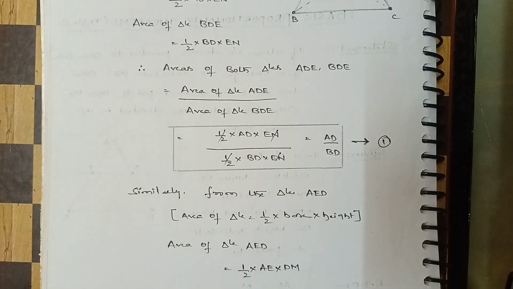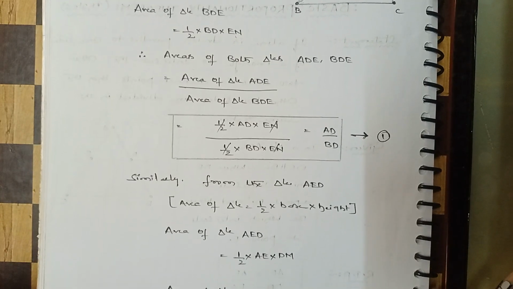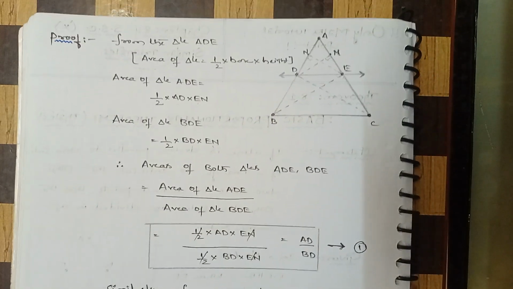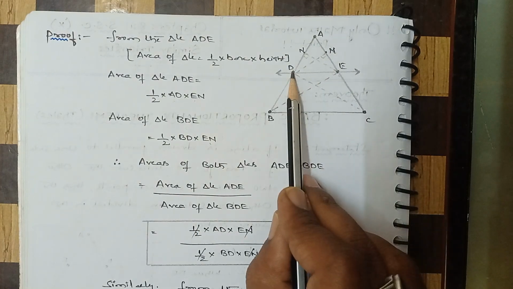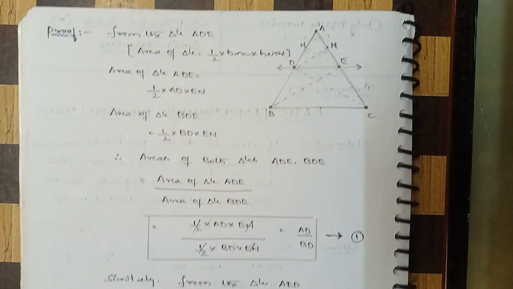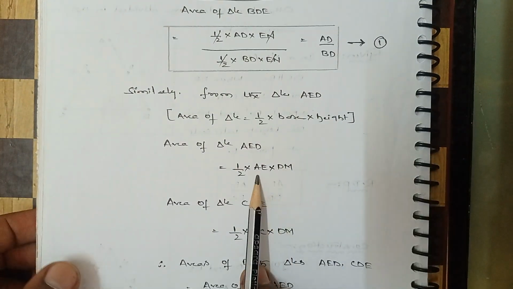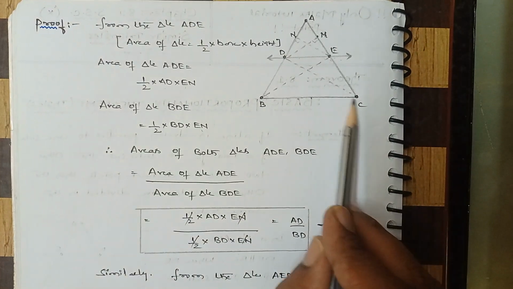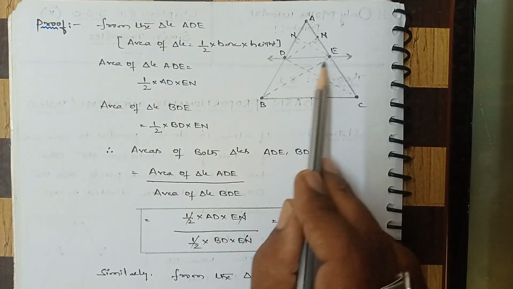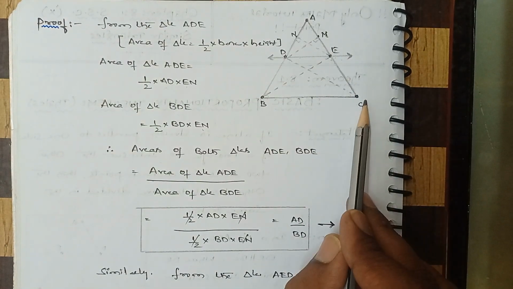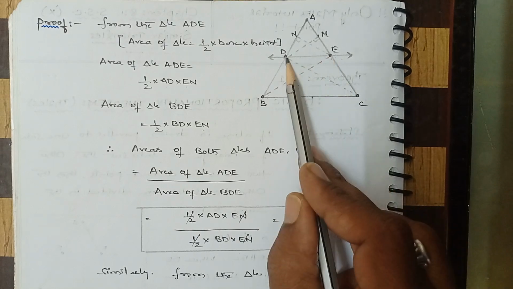Similarly, we take the right side triangles. From the triangle AED, the base is AE and the height is DM. Again, from the triangle CDE, the base is EC and the height is DM.